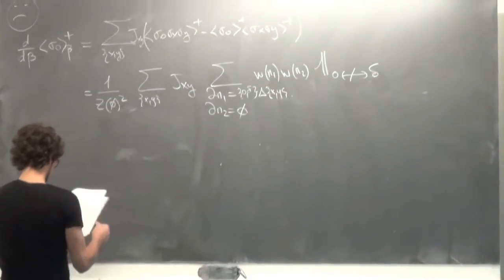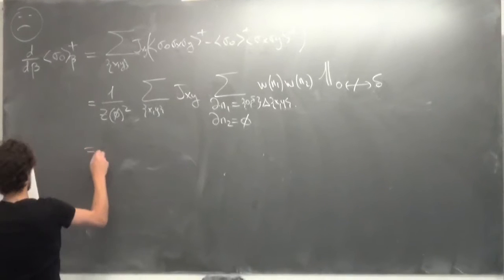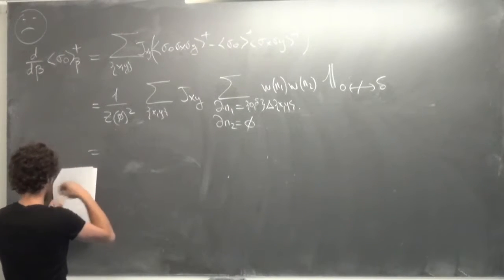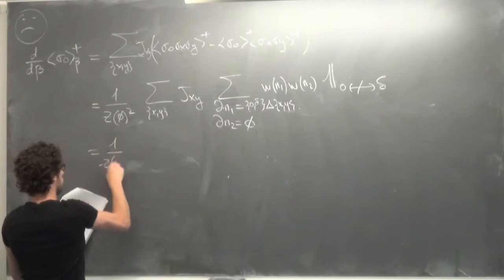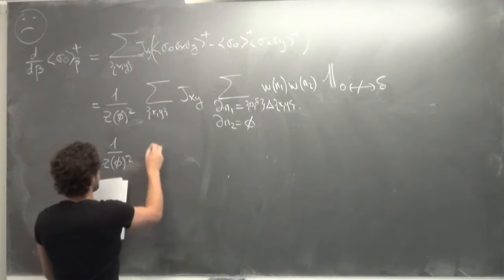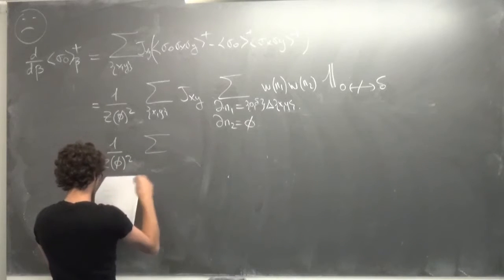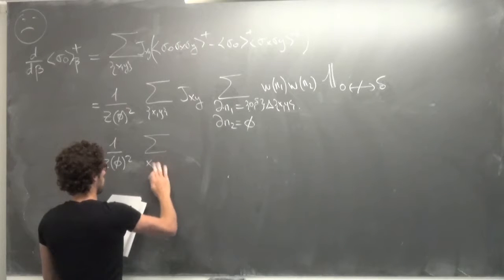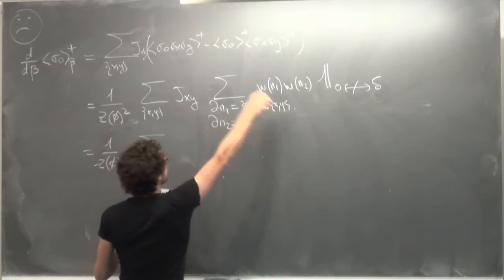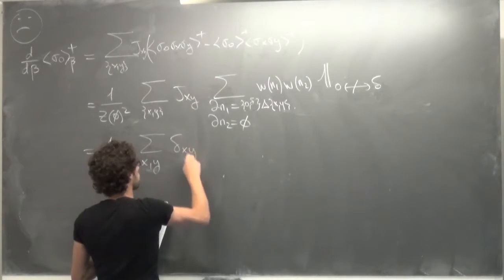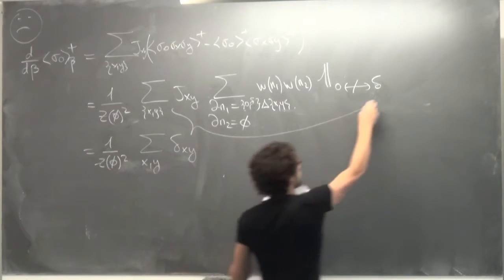Very good. So let's say that this is roughly 1 over z of empty squared, and here I'm going to sum over x and y, and this quantity I'm going to call delta xy.